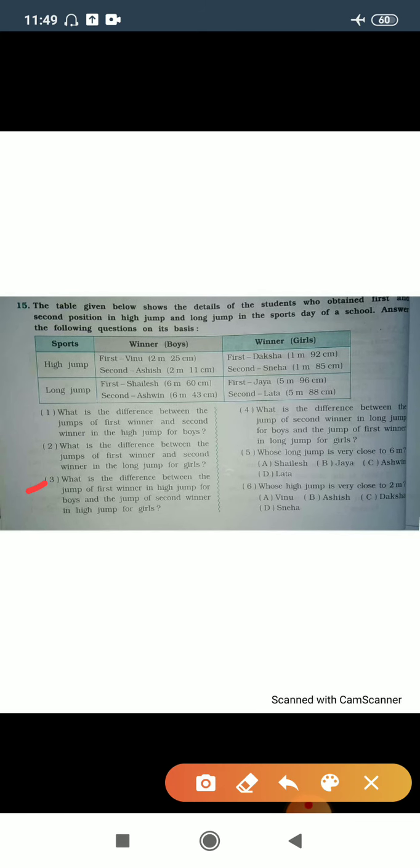What is the difference between the jump of the first winner in high jump for boys and the jump of the second winner in high jump for girls? So high jump for boys includes Vinu and Ashish, but from them we need to take the first winner, that means Vinu.